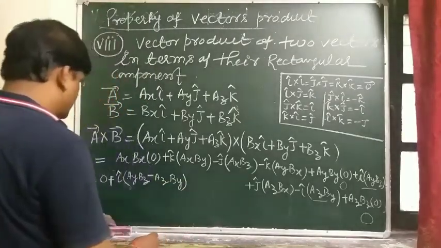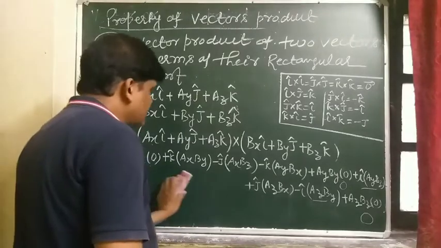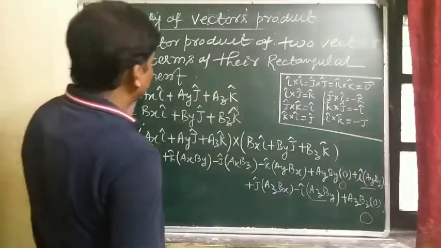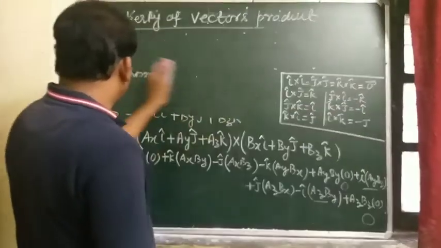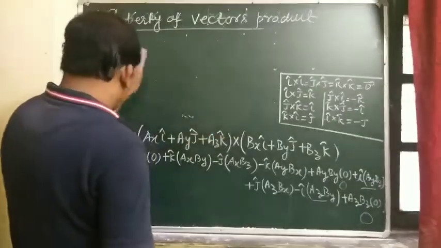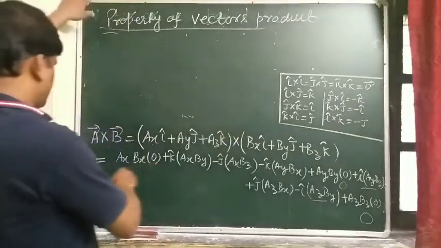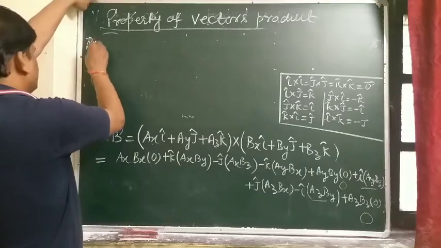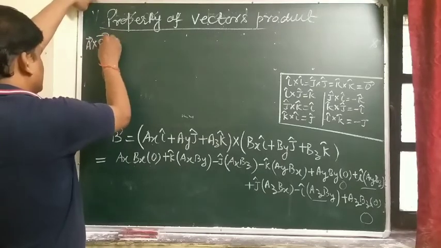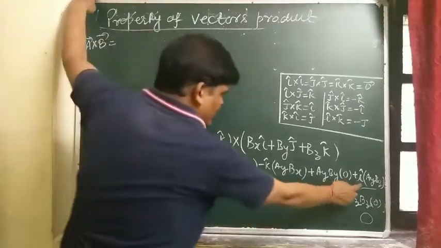So student, now we write in upward position. So it can be written as, here we can write A cross B first. We have taken I common.